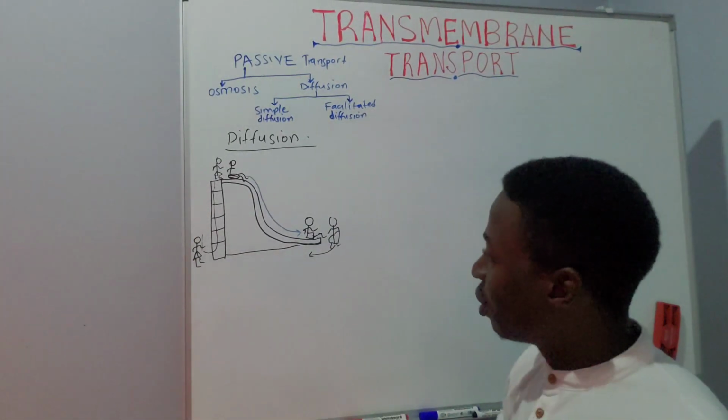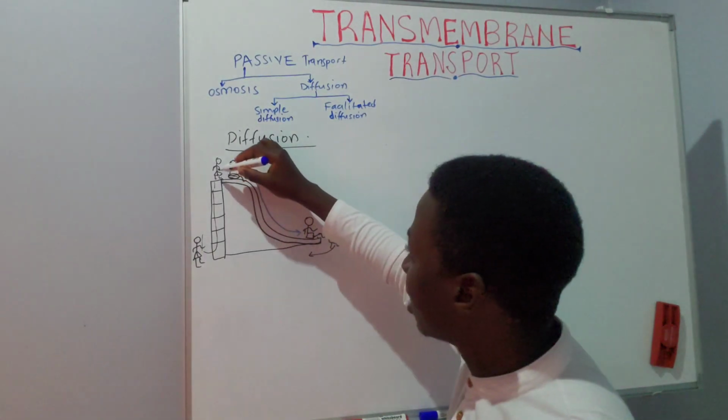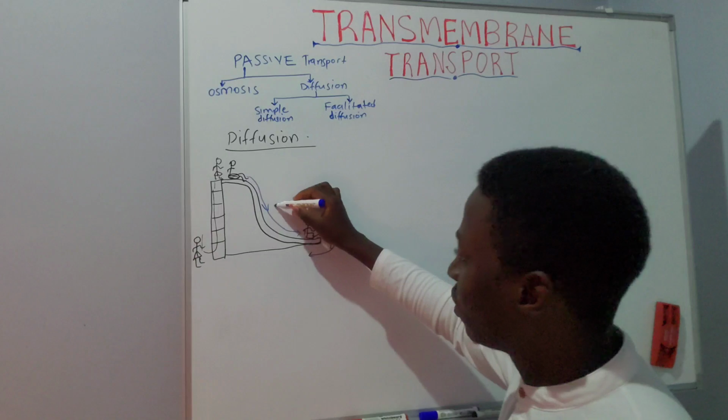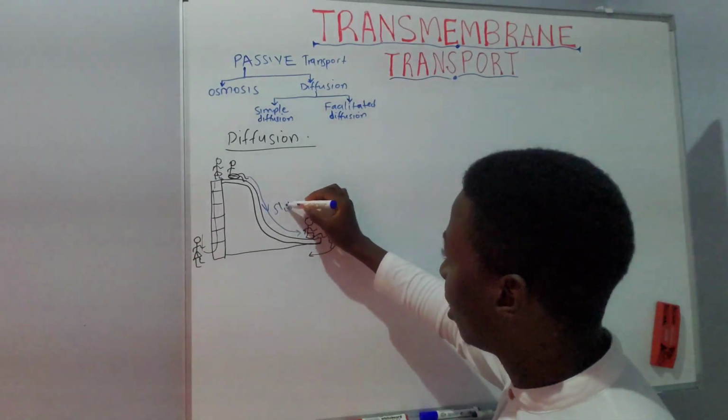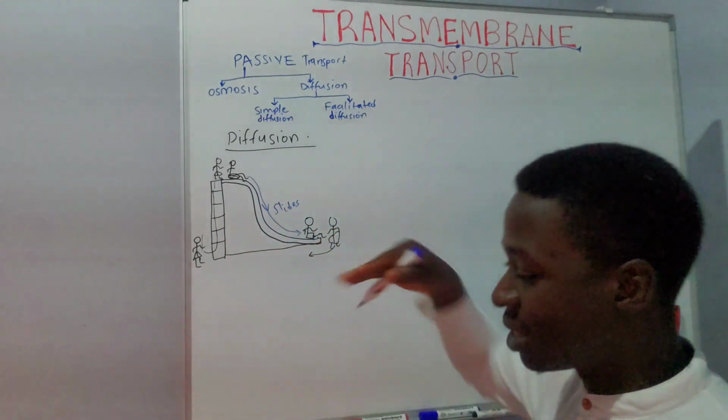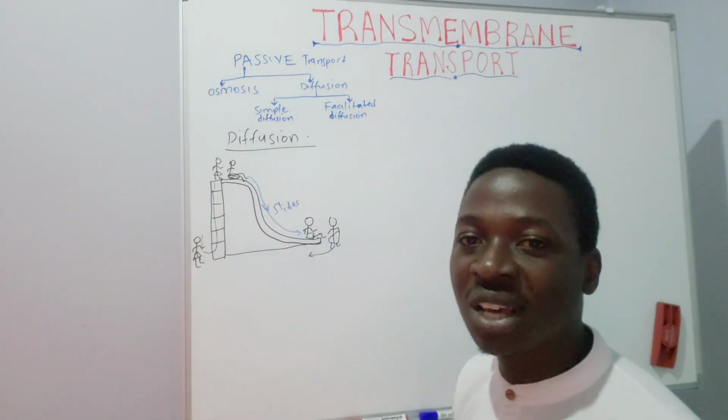So how is this boy moving? When he reaches the top, he just slides over. He usually just slides. The inclination of this slide lets him slide with ease, without any effort.